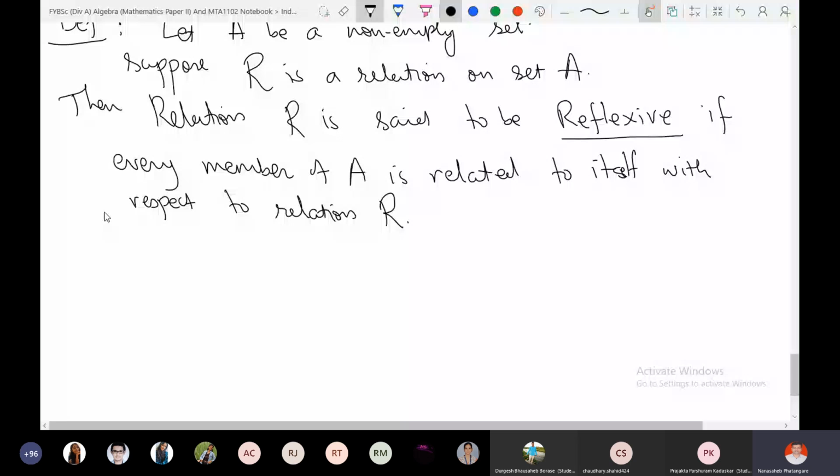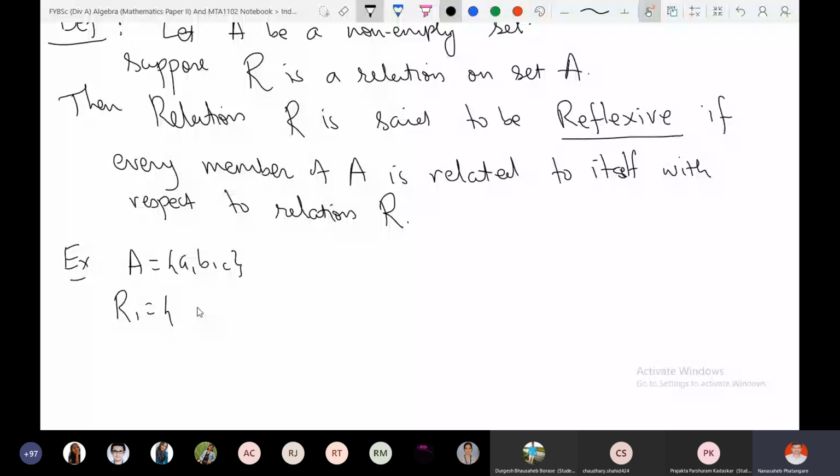Now I am talking about a relation on set A, that means A to A. I am not considering another set B. If I take relation R1 as (A,B), (B,A), (A,C), is it a reflexive relation?